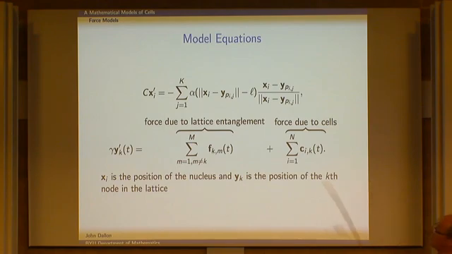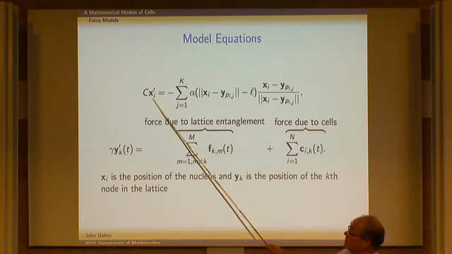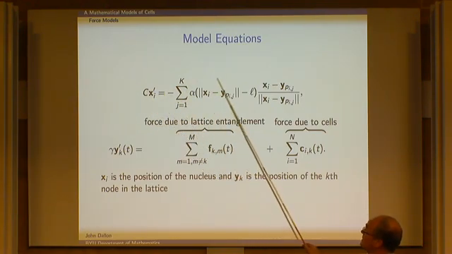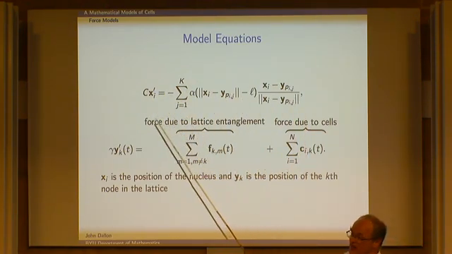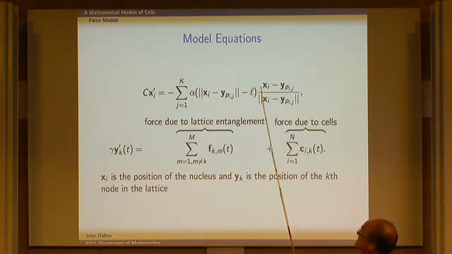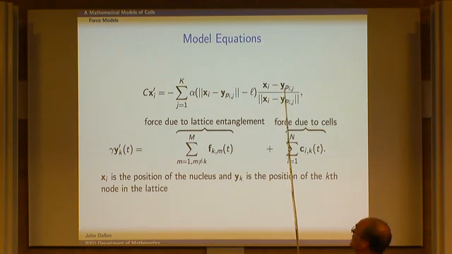So x is the cell center, and i tells you which cell. The velocity of the cell is the sum of the forces. There's no acceleration because of low Reynolds number. So this is just the stretch of the springs, the spring constant, and the direction of the springs. This is the cell center, this is the node, and p_ij says the jth attachment site on the ith cell is at the node y. The y_k are the nodes in the collagen.